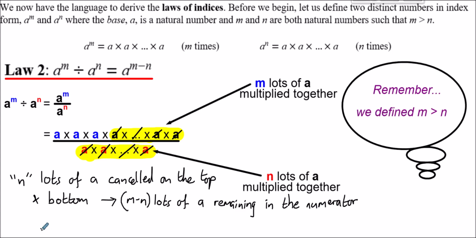So what we've proven here is that a to the power m divided by a to the power n, we've cancelled off n a's, and so we're going to have some a's remaining, and these number of a's remaining are m minus n amount of remaining.